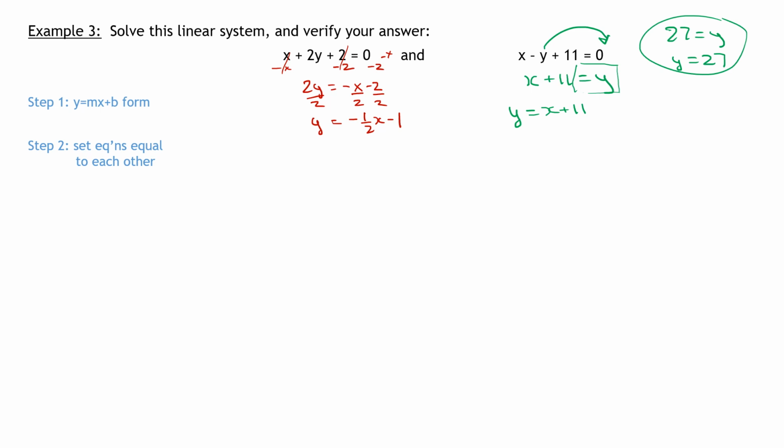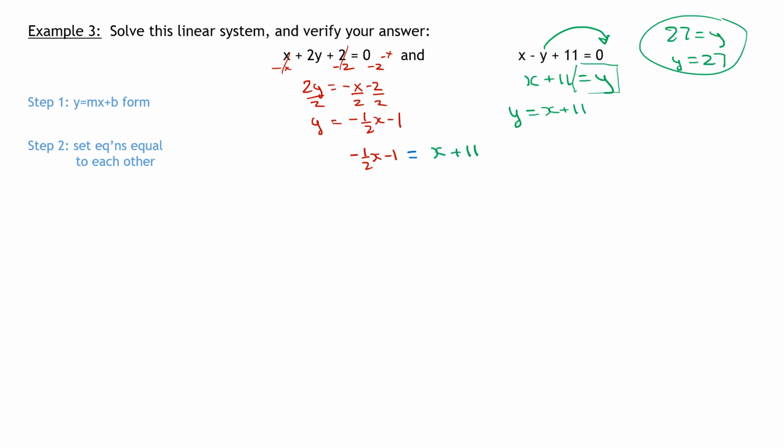Step 2, set the equations equal to each other. So now that I have the y isolated, I can write out the right-hand side, which is negative 1/2 x minus 1, and I'm going to make that equal to the other side, which is x plus 11.